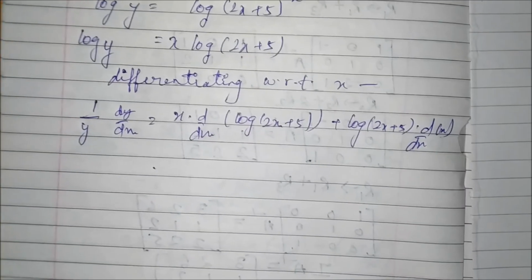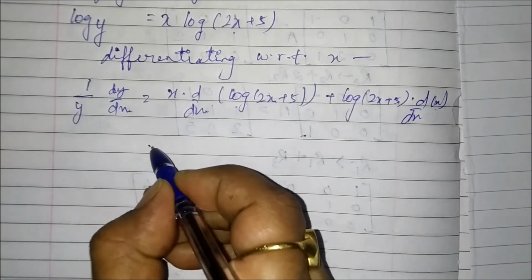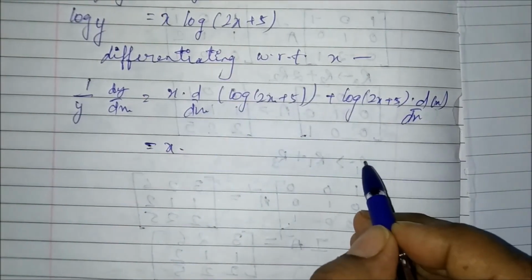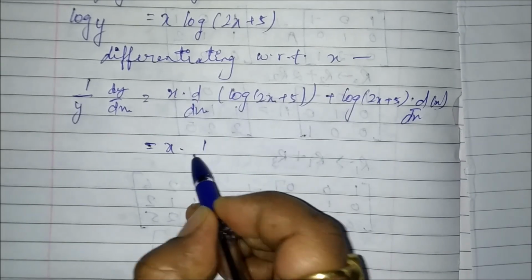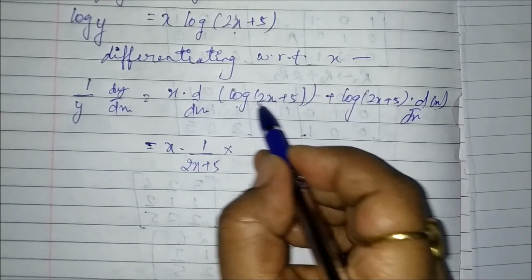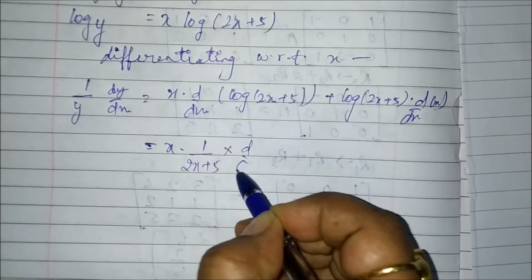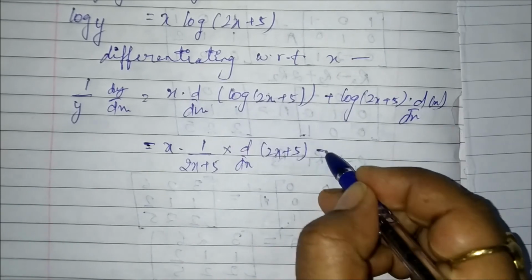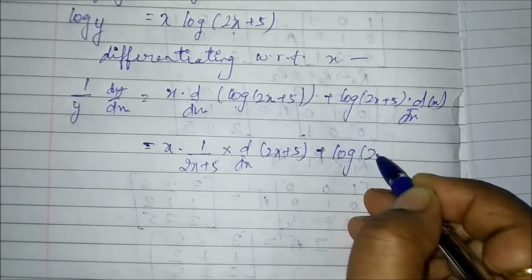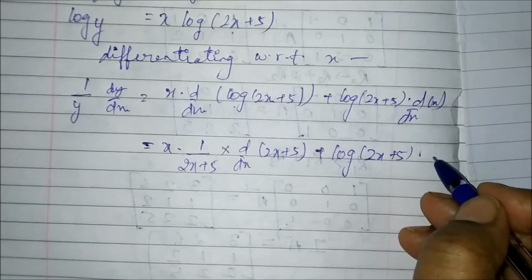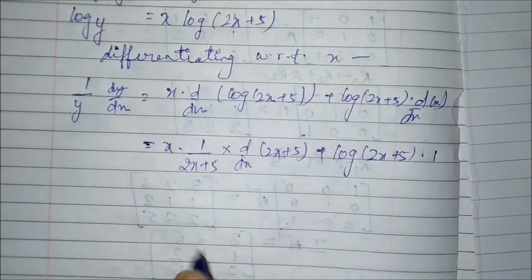Okay, now x into the derivative of log is 1 upon, so we write 1 upon (2x plus 5), but we need to differentiate this also, so into d by dx of (2x plus 5), plus log (2x plus 5) into d by dx of x, which is 1.